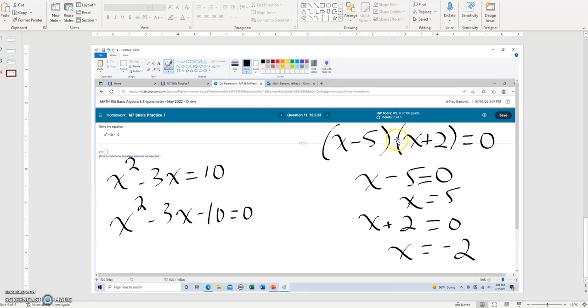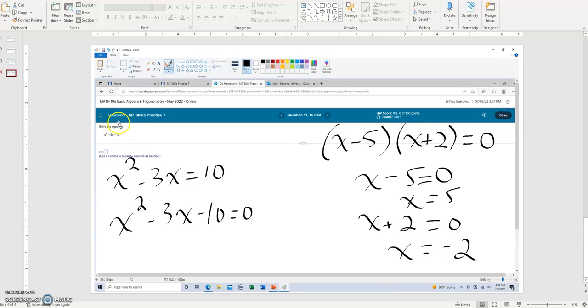Again, this is a product: x minus 5 times x plus 2 equals 0. So the only way this can be equal to 0 is if x minus 5 is equal to 0, and then x must be equal to 5, or x plus 2 is equal to 0, and then x is equal to -2.